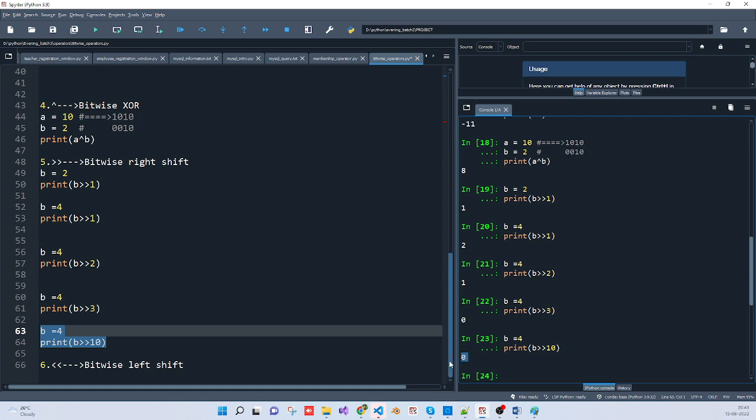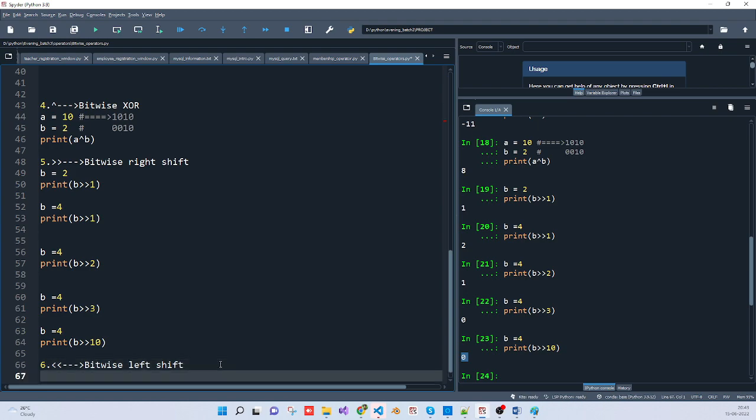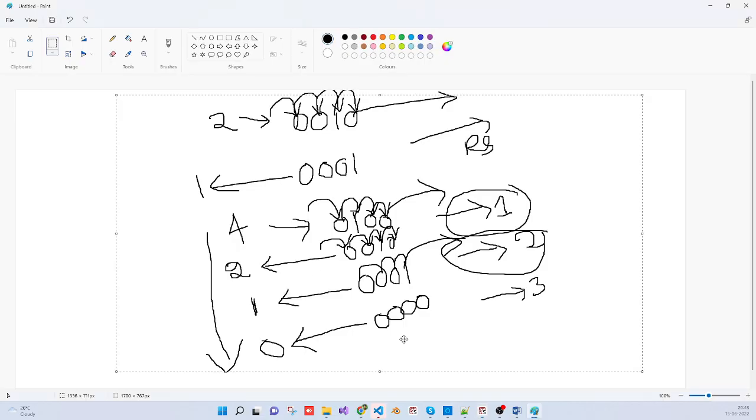Now we will observe left shift. Left shift, I am also taking the example of 2. The binary format of 2 is 0010. Now I want to shift left by one time.